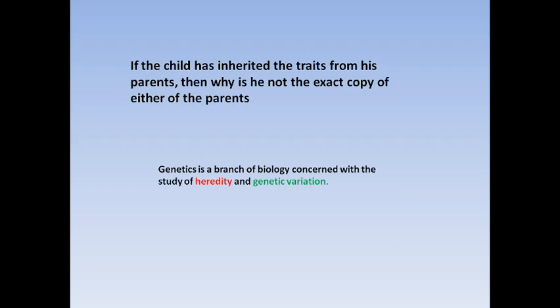Why does a child look slightly or totally different from both? The answer lies in a single term called variation. It means the differences that make one organism different from the other.